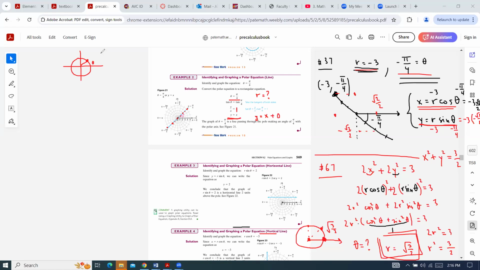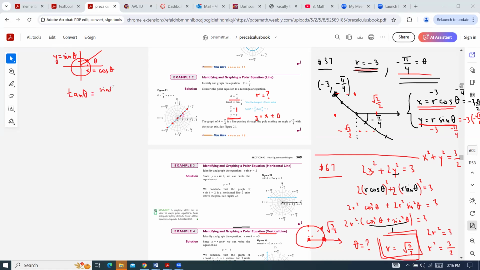So if your angle here is theta, then remember the x coordinate is called cosine. We are on the unit circle. And the y coordinate is called sine. That's the definition of sine and cosine. I hope you did not forget it by now. And what about tangent? Isn't that sine over cosine?